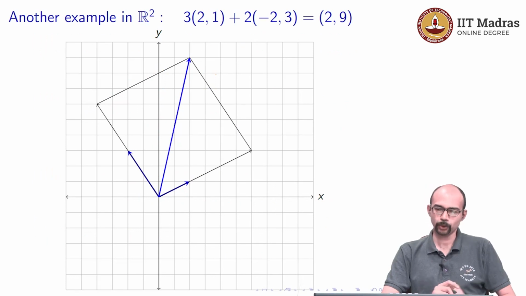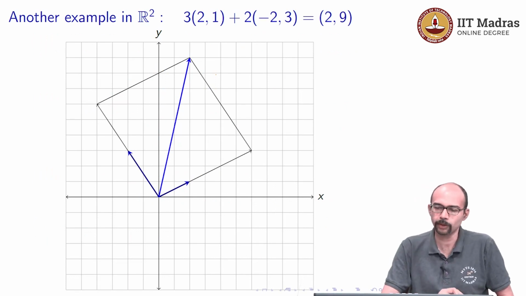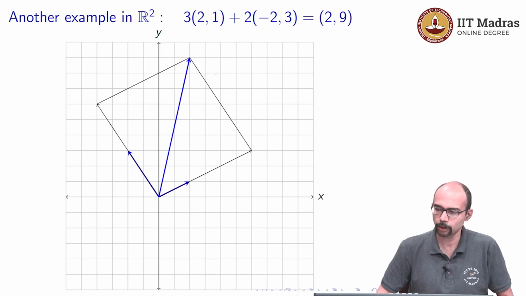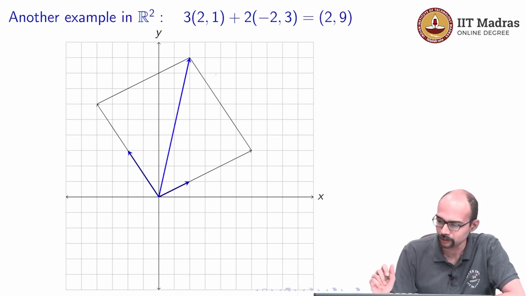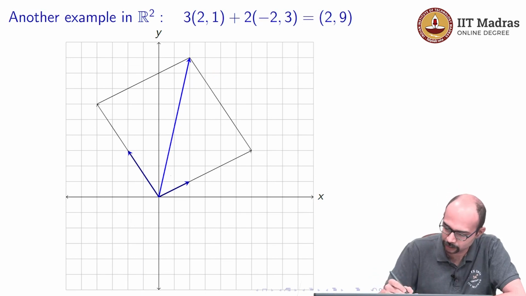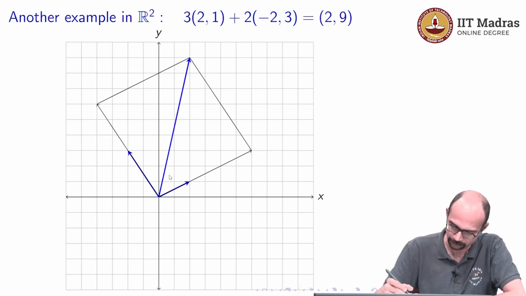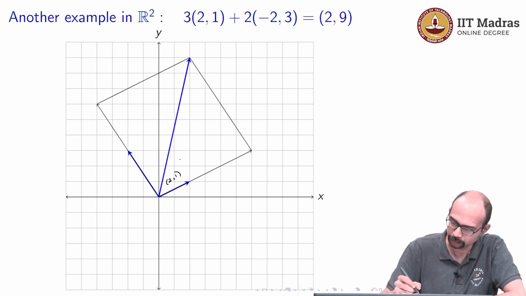Let's do one more. Okay, so here we have 3 times (2, 1) plus 2 times (-2, 3) is (2, 9). So what is (2, 1)? Here's (2, 1). And what is (-2, 3)? Here's (-2, 3).